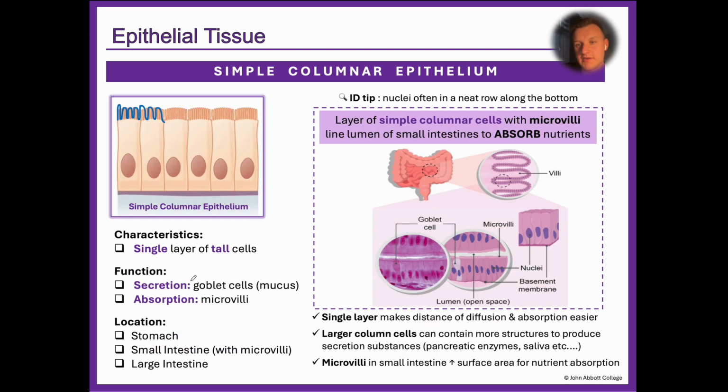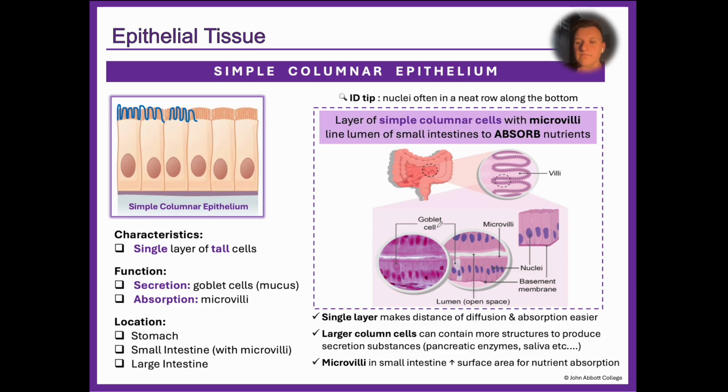I'm going to talk about the functions in a minute. I just want to talk about where you could find these simple columnar epithelium. We could find it in the stomach, in the small intestines, and in the small intestines they have these little microvilli we'll talk about in a minute. And in the large intestines you find these.